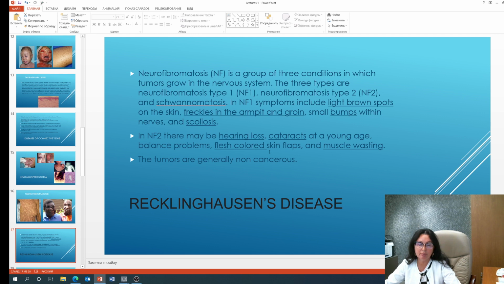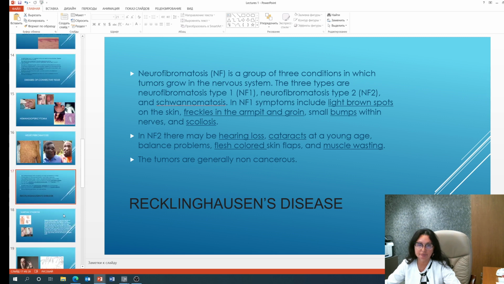In neurofibromatosis 2, there may be hearing loss, cataracts at a young age, balance problems, flesh-colored skin flaps, and muscle wasting, atrophy. The tumors are generally non-cancerous.